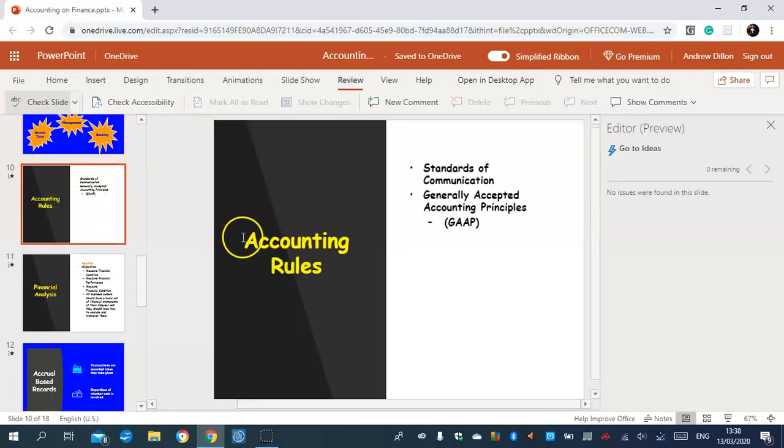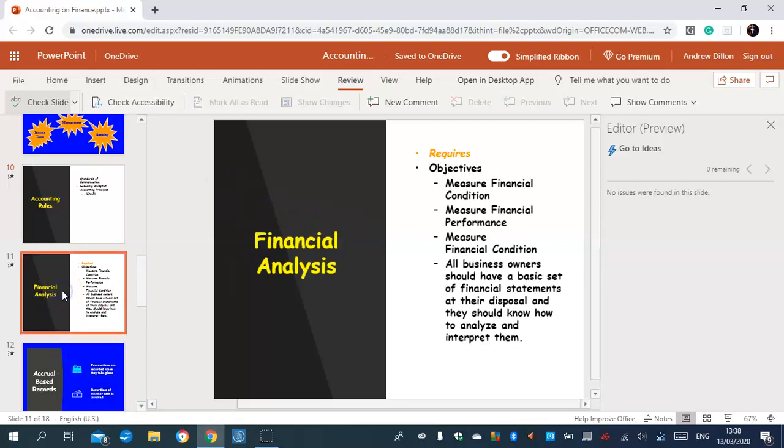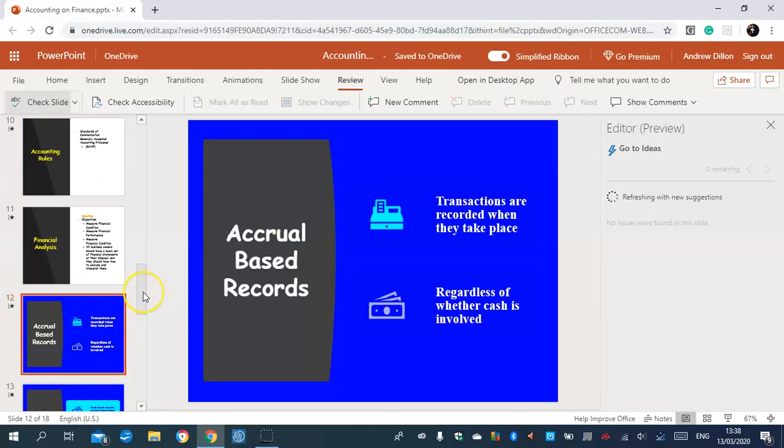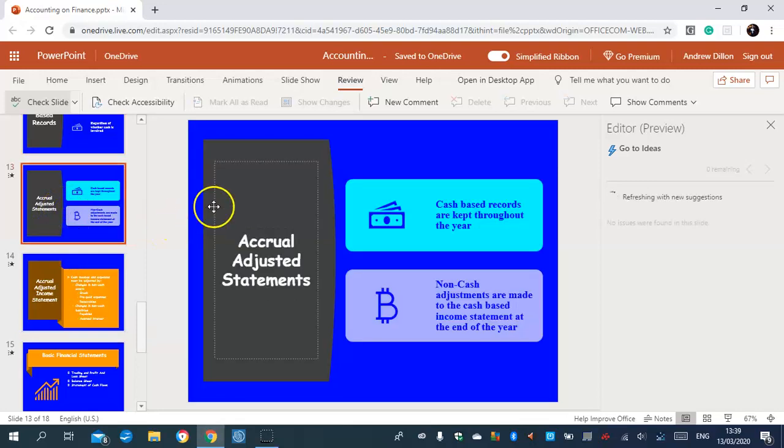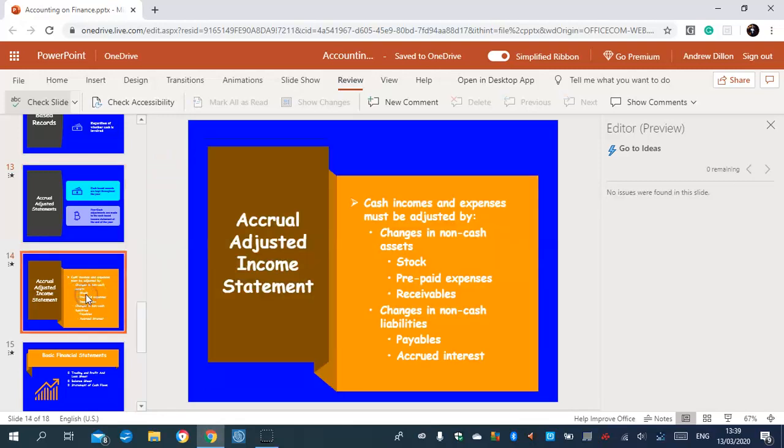Now the accounting rules. Very good. Now the financial analysis. No issues. Accrual based records. Accrual adjusted statements. Accrual adjusted income statement.